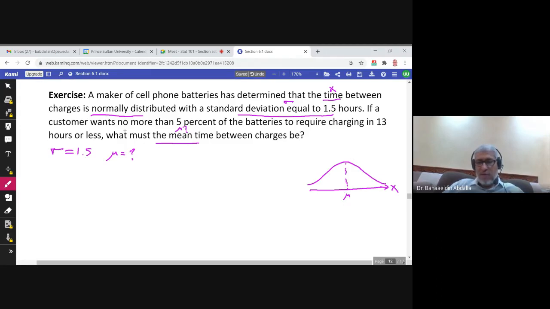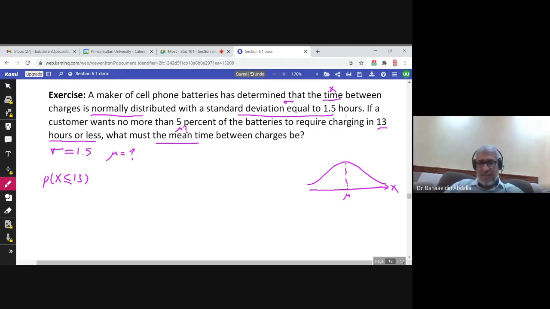If a customer wants no more than 5% of the batteries to require charging in 13 hours or less, 13 hours or less, this is a time. So I need the probability of x, the time, to require charging in 13 hours or less.